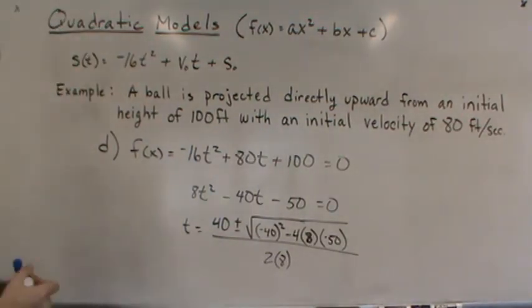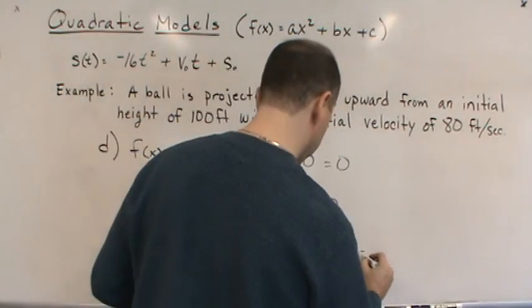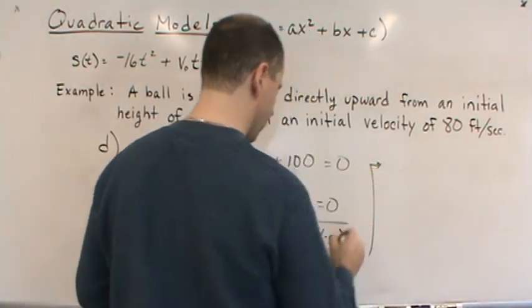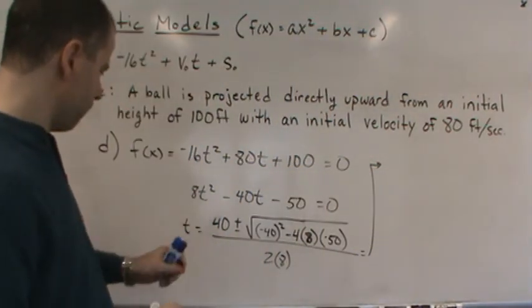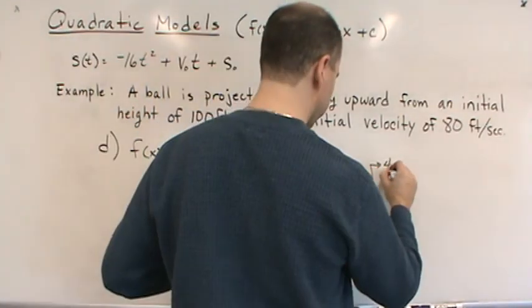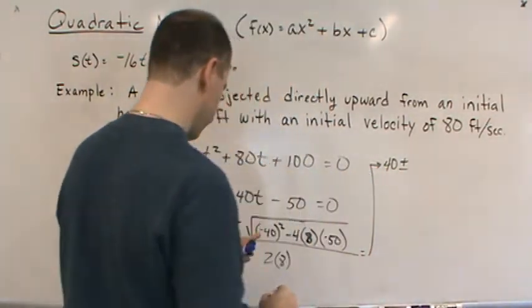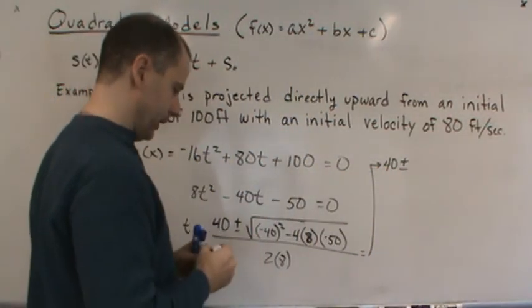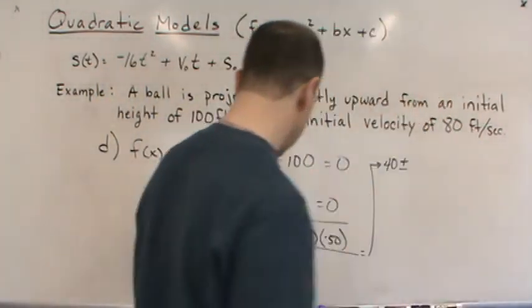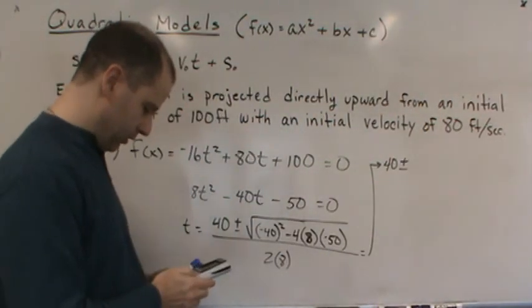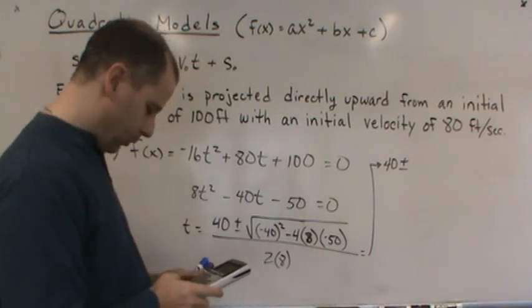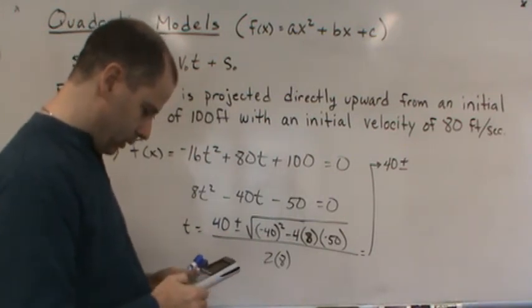Okay? So now let's simplify this. So again, we get 40 plus or minus, what do we get inside? So let's just grab the calculator. And so we're going to get 1600, right?